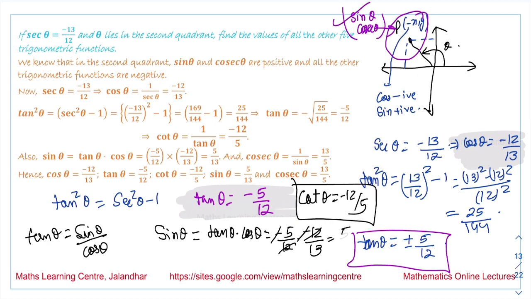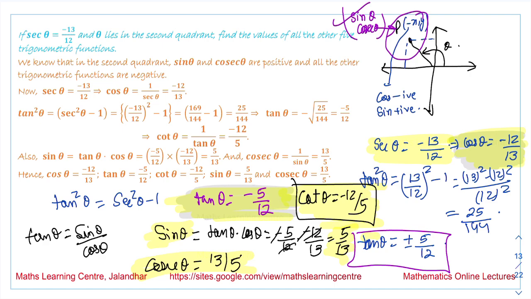So the answer we are left with is 5 by 13, and cosecant theta will be equal to 13 by 5. So what we are seeing over here is that sine is positive, cosecant is positive, tan is negative, cot is negative, and cos is negative, and secant is negative. So these are the values that we have to calculate.